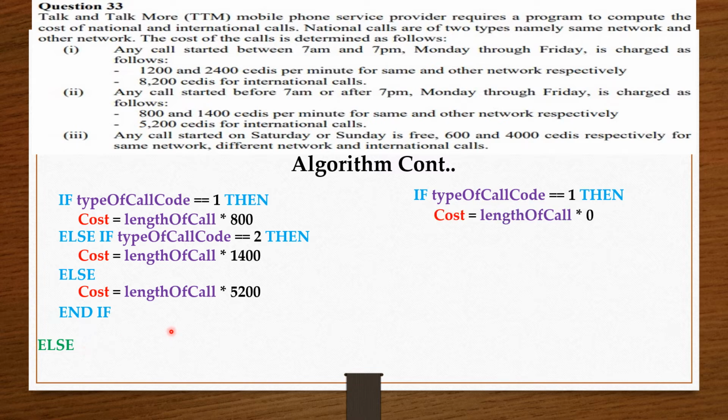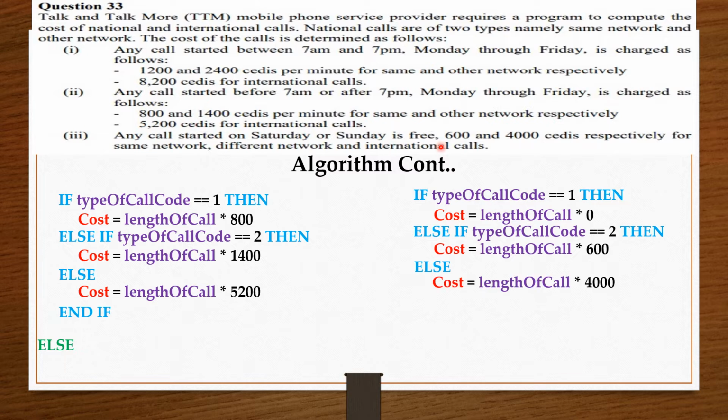Now we end our if statement. So this block here deals with days outside Monday through Friday, that is for only Saturdays and Sundays. Then we check for same networks, other networks, and international calls. So we end our if statement. Now we print out the cost of the call.